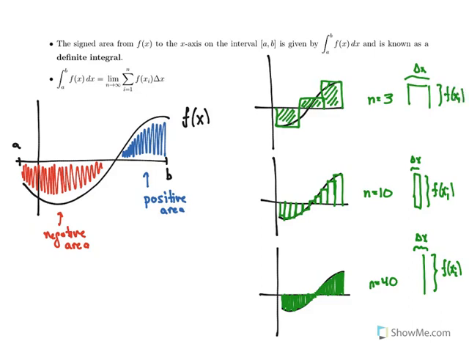We still have the height of the function at some point. So we can see that if I had more than 40, 100, a million, a billion rectangles, this is starting to become very, very close to the actual area. In fact, we're already very, very close with n equals 40. Right, so this is an idea from the previous section, but now we are just giving a name to it. This is now called the definite integral of the function from a to b.